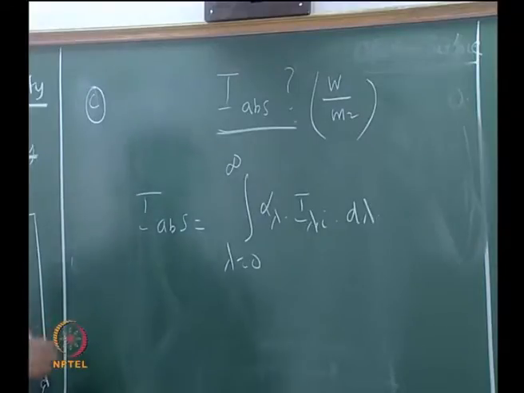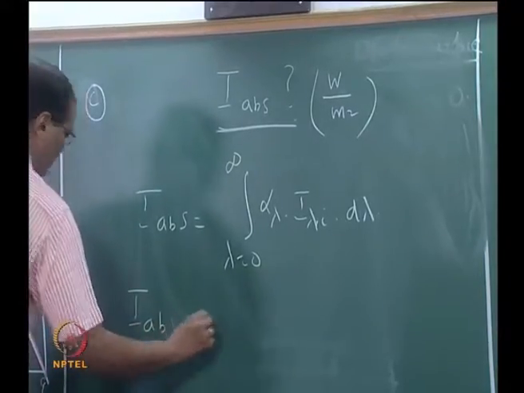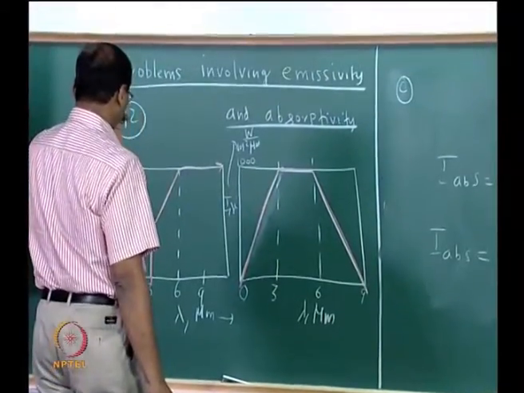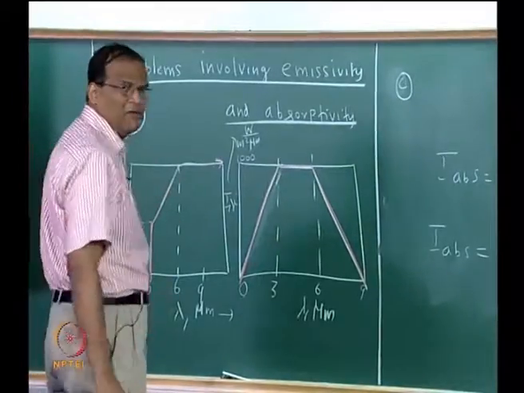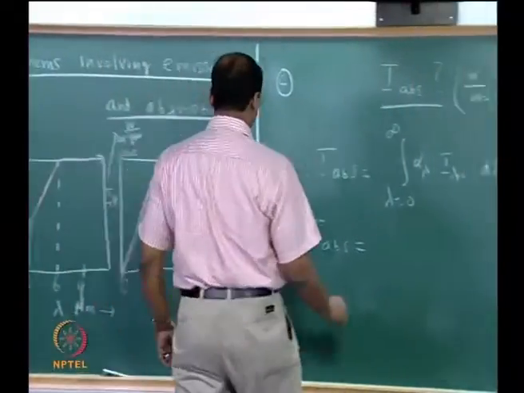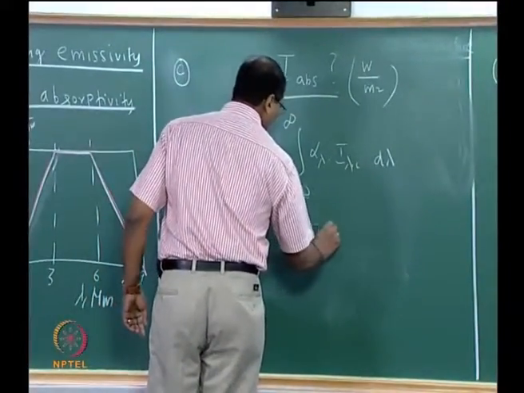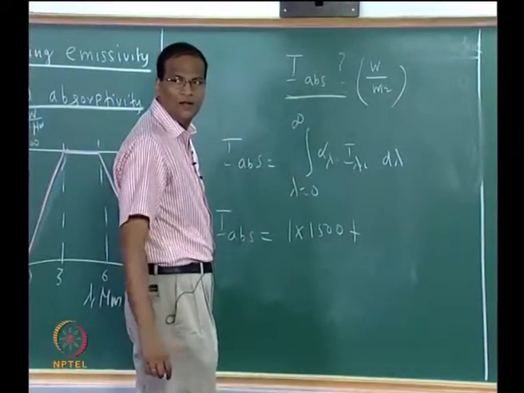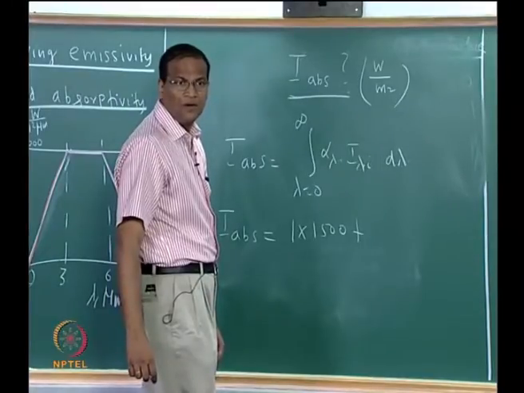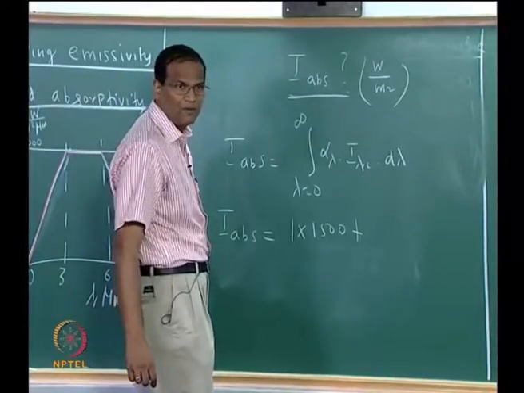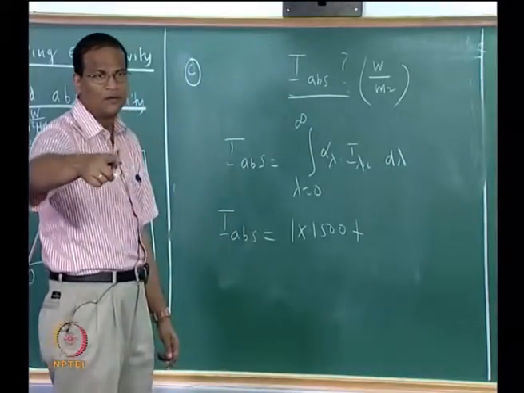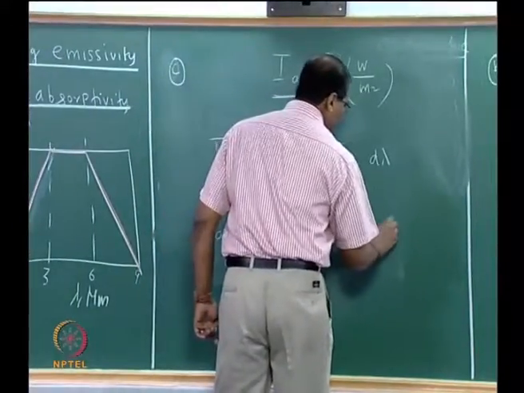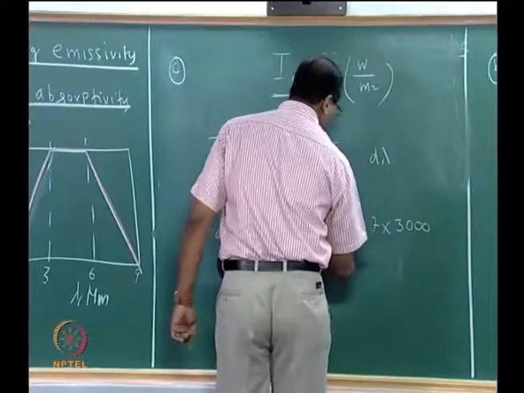So I absorb will be, first is what? 1 into, plus 0.7, or what did we get? Okay, 0.7, plus 0.7 into 3000, plus 0.1.